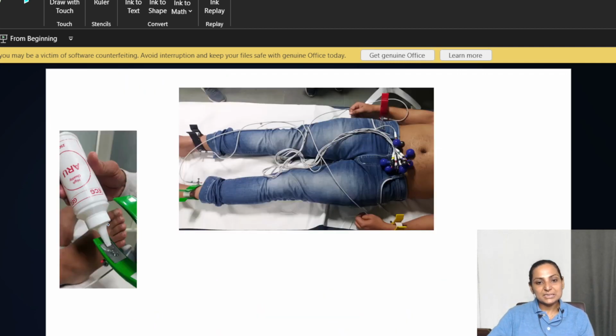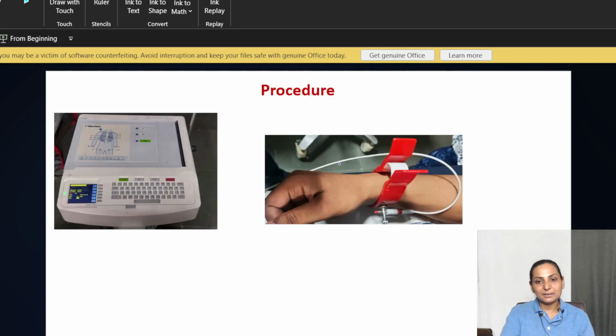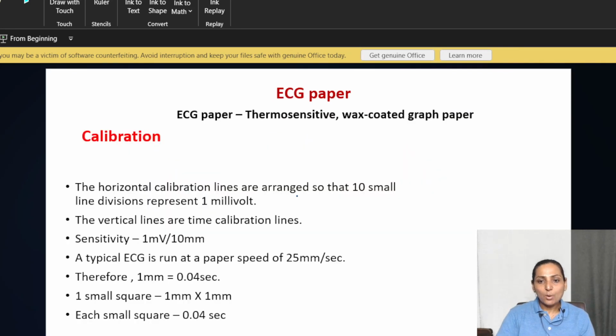So this is the ECG gel and how the person is tied with the ECG machine, the ECG procedure. And obviously I will be taking this more in detail. Today I have basically concentrated on how we get the various ECG leads.